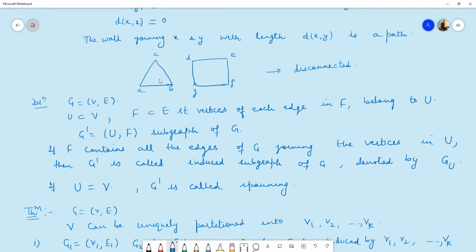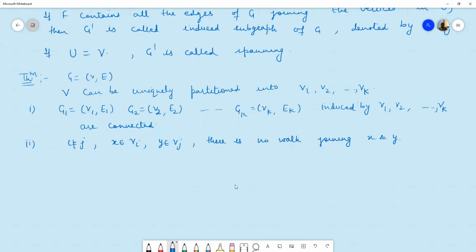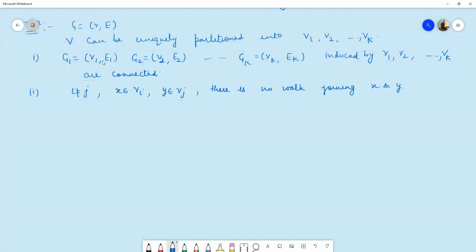So this triangle is connected, this rectangle is connected, but if we take one point in the first graph and a second point in the other graph, then there is no walk joining those 2 points. So if we have any general graph, then that can be partitioned like this.